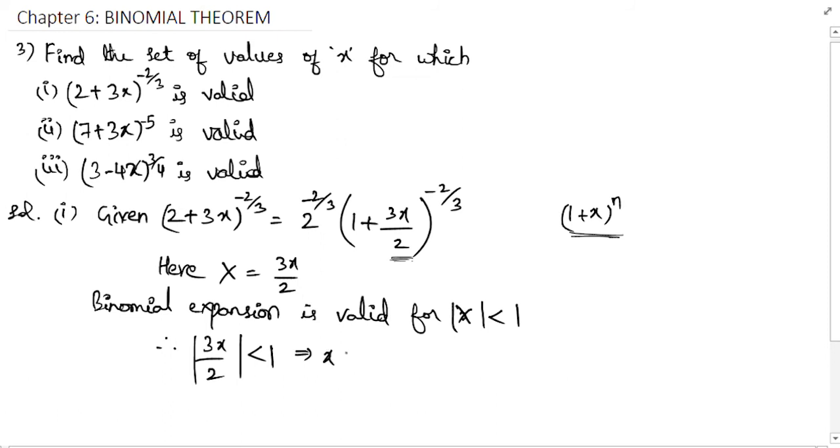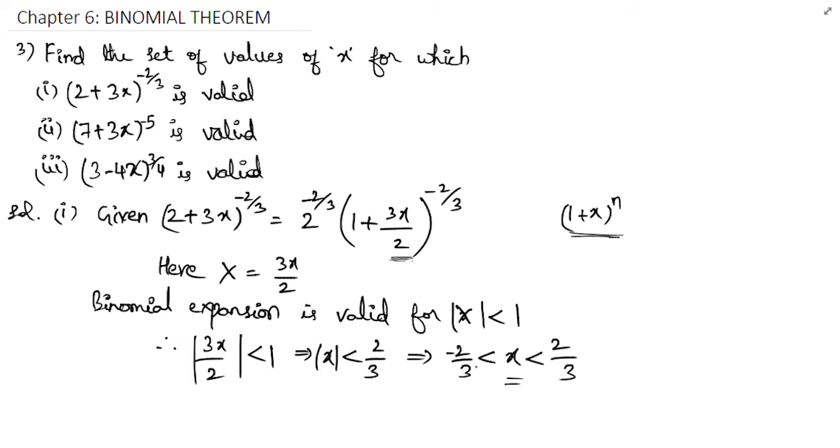That implies mod of x is less than 2 by 3. That means minus 2 by 3 is less than x, which is less than 2 by 3. So x lies between minus 2 by 3 and 2 by 3. It excludes these values. x can be any value greater than minus 2 by 3 and less than 2 by 3, but not minus 2 by 3 and 2 by 3 themselves.